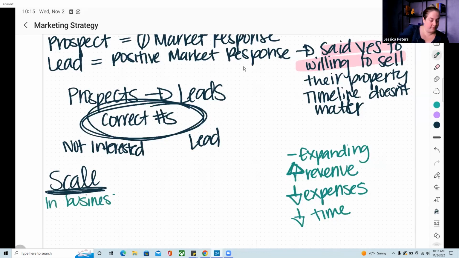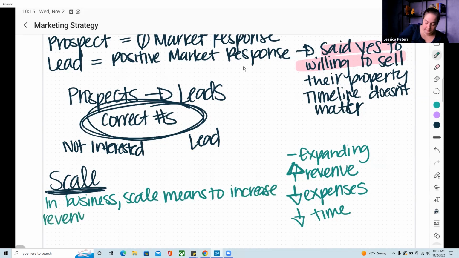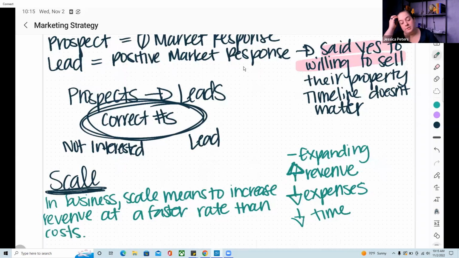In business, scale means to increase revenue at a faster rate than costs or expenses, right? So we're wanting to increase revenue, but at a faster rate than what our expenses are costing us. So when we very first hire an employee, how we scaled our business?